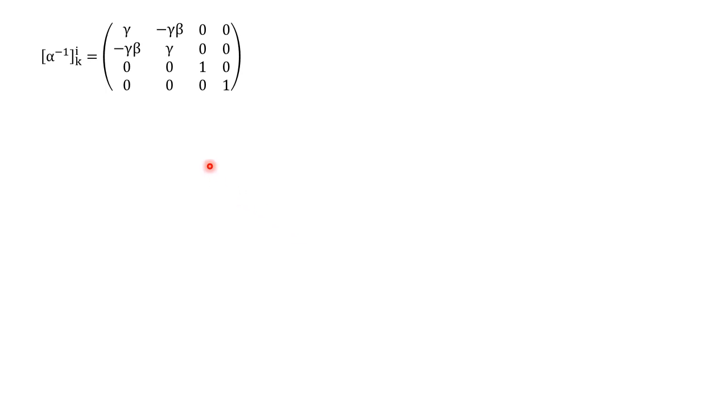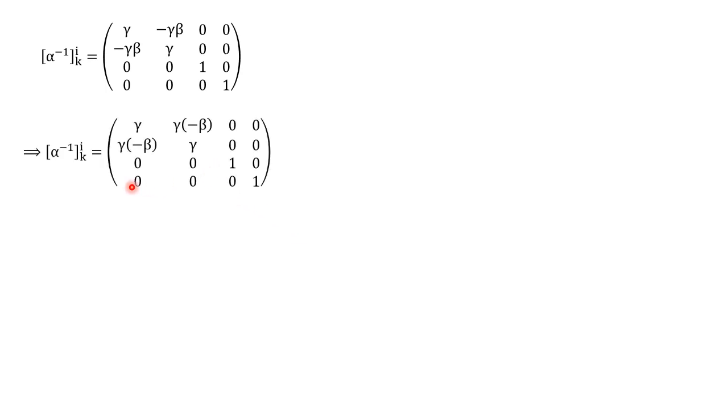Now let's analyze that matrix again. If we try to rewrite the matrix in such a way that we affix the negative sign to beta, like how this minus sign is carried by beta, so we have gamma into minus beta and gamma into minus beta here. And recall again that our Lorentz matrix itself was gamma, beta, 0, 0; gamma beta, gamma, 0, 0; 0, 0, 1, 0; 0, 0, 0, 1.